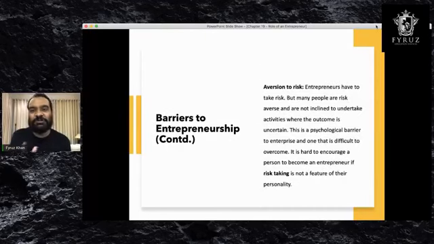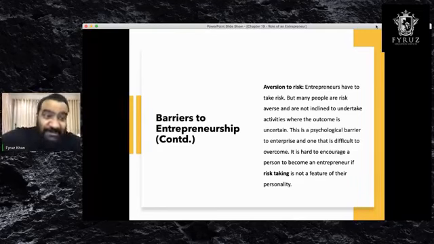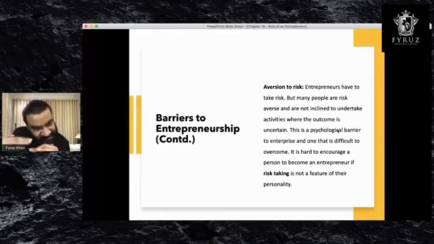Then comes aversion to risk. I have seen a lot of entrepreneurs who started the business but then don't take risks. Now, if you don't take risks, you will not grow. You will not be able to explore the different opportunities that lie in front of you. Because it is said in business that when the risks are higher, the success rate is also higher.